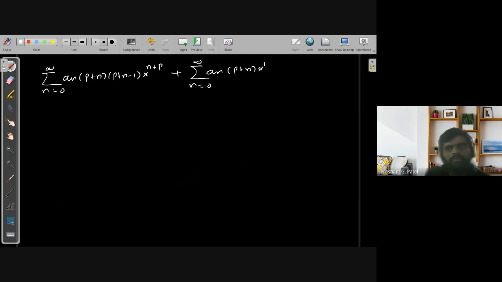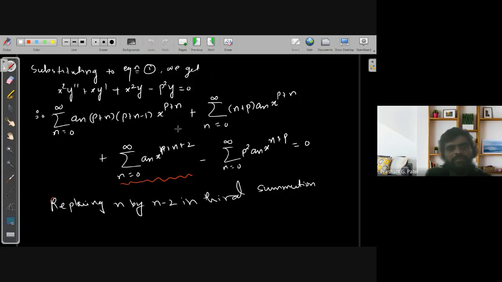So therefore we have the summation n running from 0 to infinity of a_n (p plus n)(p plus n minus 1) x raised to n plus p, plus the summation n running from 0 to infinity of a_n (p plus n) x raised to n plus p. This quantity is exactly the same as we have here. Now here there is a change.